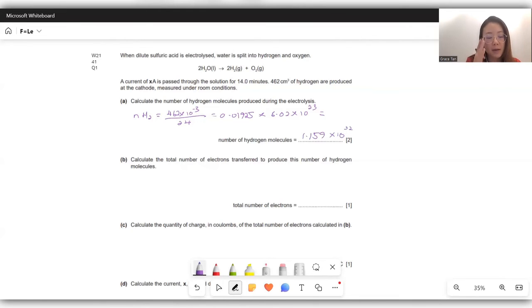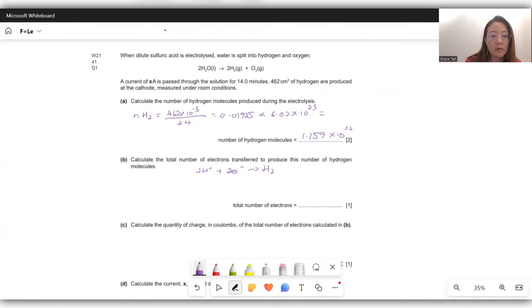Now part B: calculate the total number of electrons transferred to produce this number of hydrogen molecules. Number of electrons and number of hydrogen molecules are related. First, you may want to take out this equation.